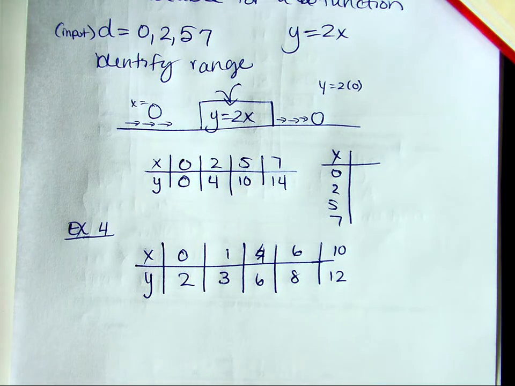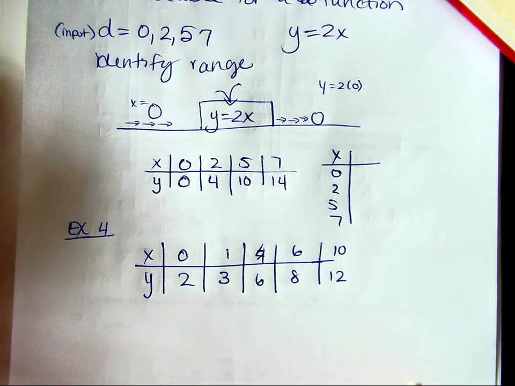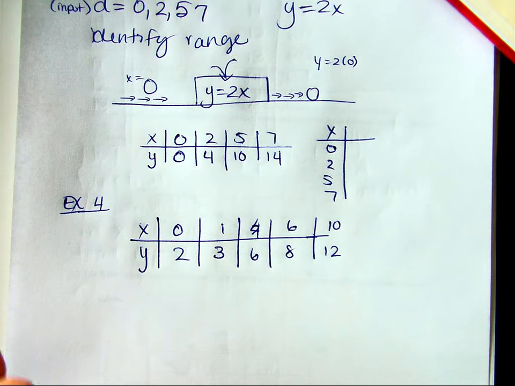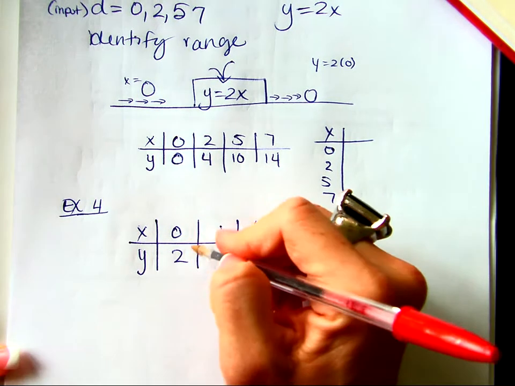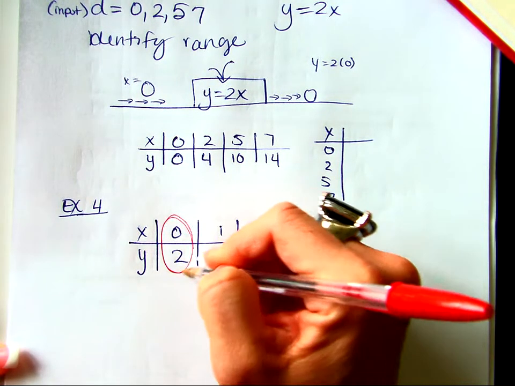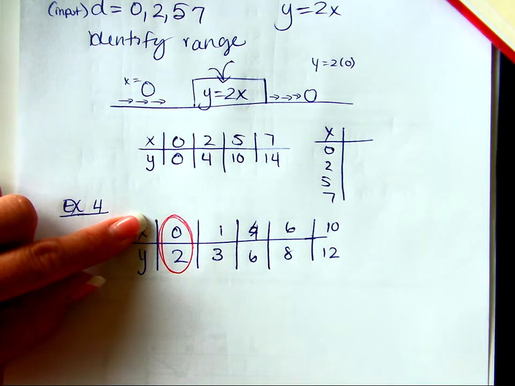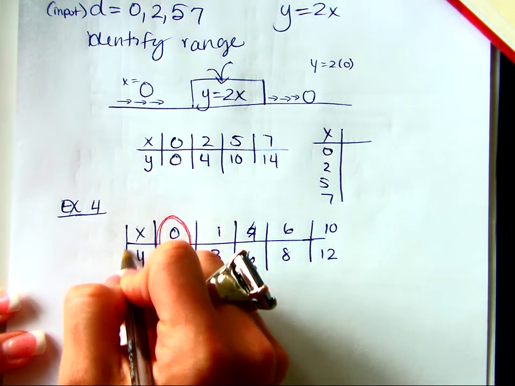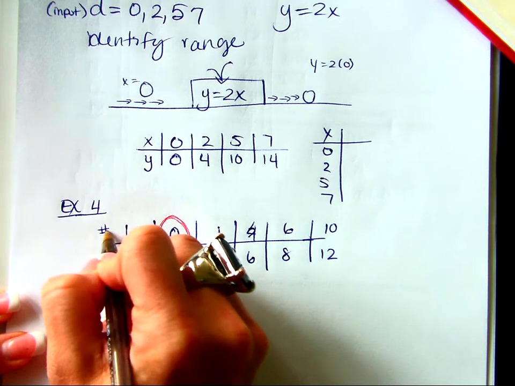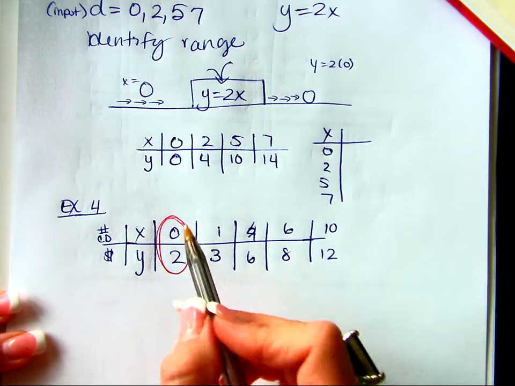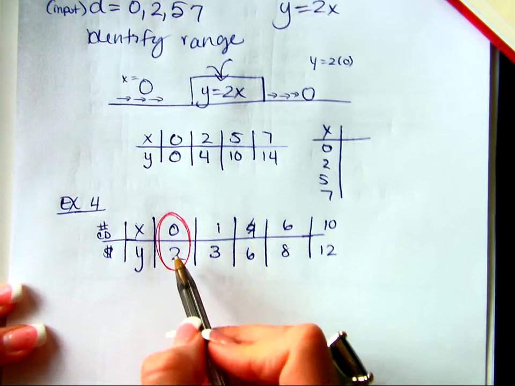So we look here, and we need to let x be the input, and we need to find out what is happening. And if you remember from last year, we're going to rely on some of our information from last year. We know associated fees and real-world examples talk about a startup fee. So if we were to assign x as the number of CDs that you purchased, and y is your cost, 0 CDs cost you $2.